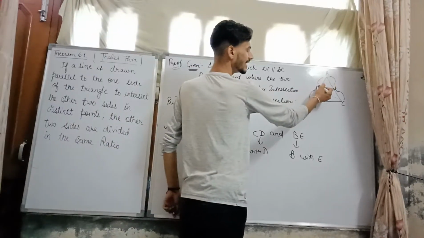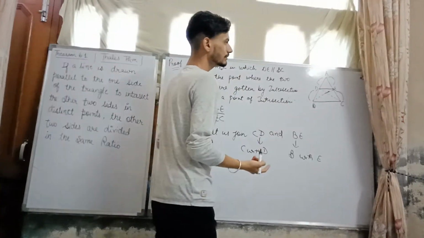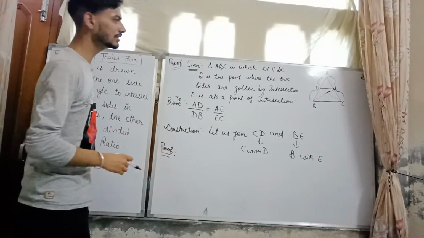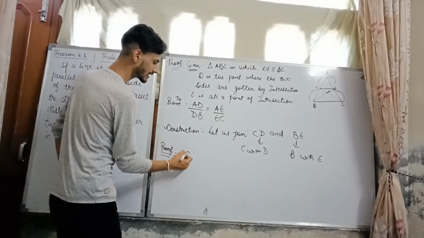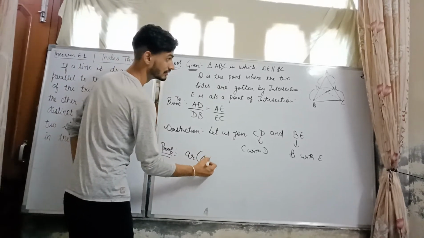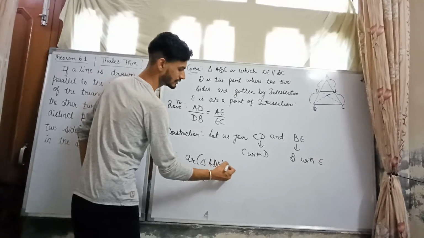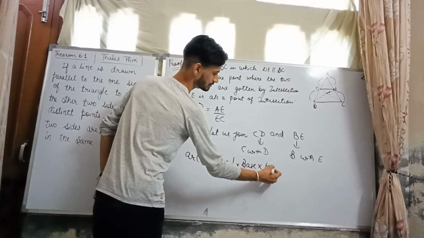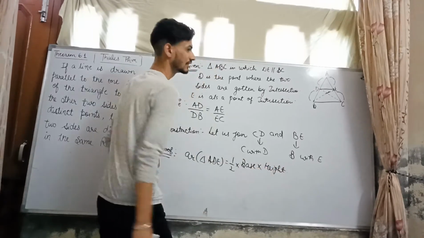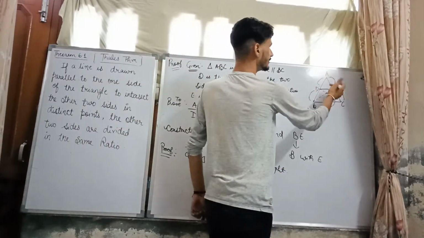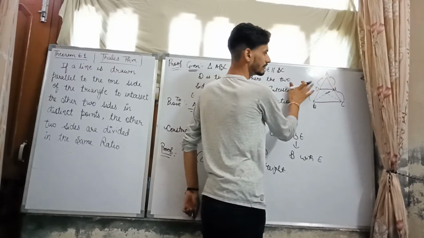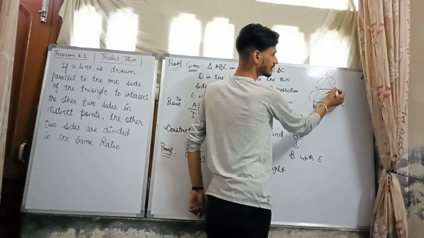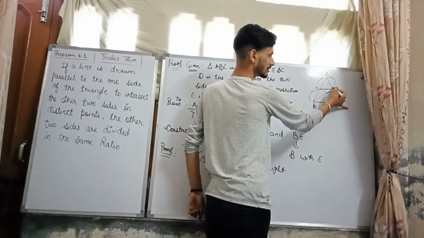In order to have AD, we need to make a proper perpendicular or height related to the area of a triangle. So, in order to have the area of triangle ADE, we need its proper base and height. In triangle ADE, if we take AD as a base, we can take its perpendicular from the opposite vertex.